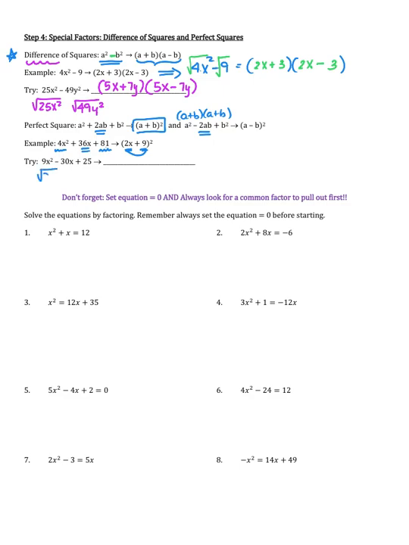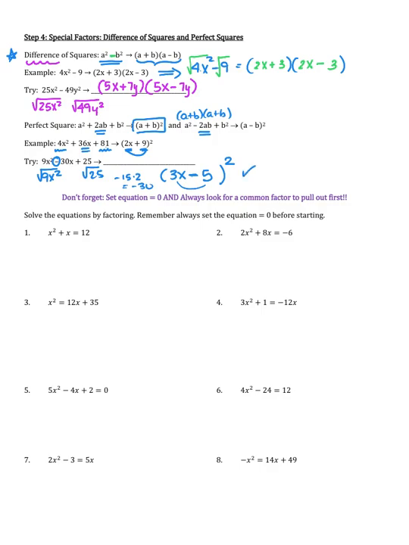So square root of 9x squared, that's going to give me 3x. Square root of 25 gives me 5. This negative tells me to make that a negative, and then I check. Negative 15 times 2 is in fact negative 30, so that's how that would factor.